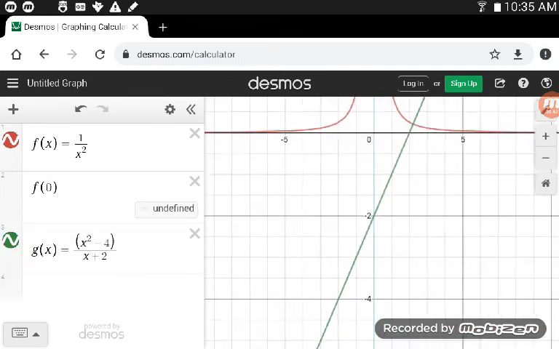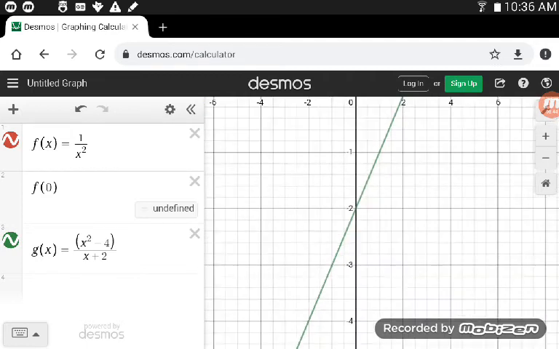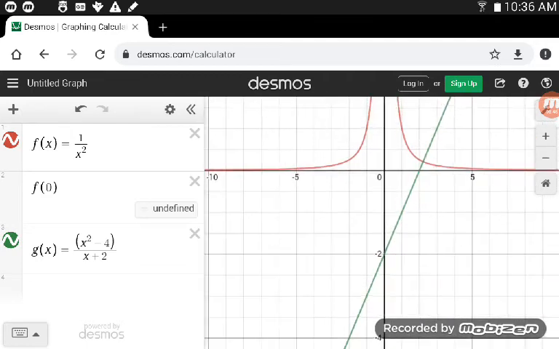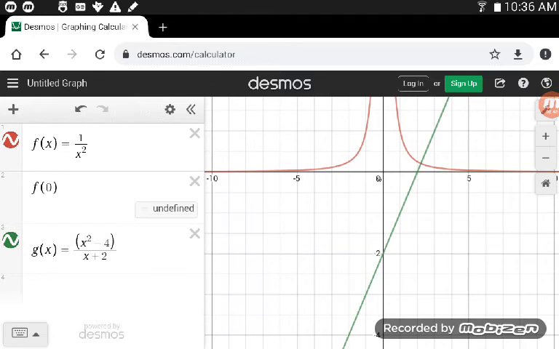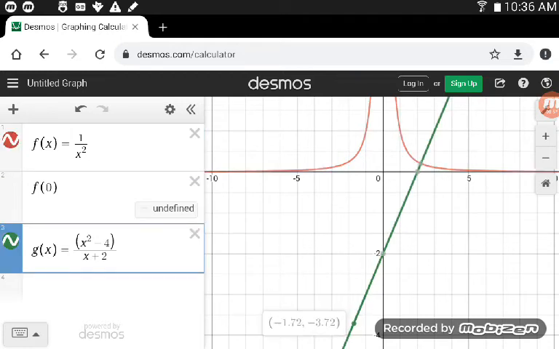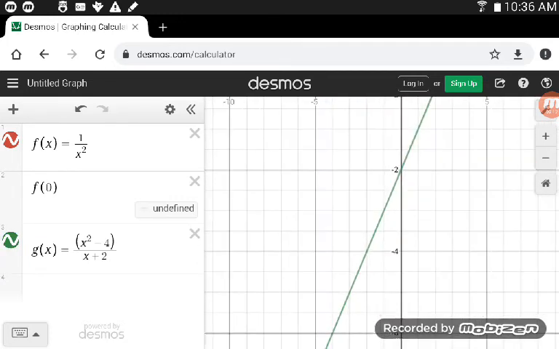okay, so here's x equals -2, I look down here, and I can trace this thing, and of course the function's undefined at -2, but we could pull this up just a little bit.